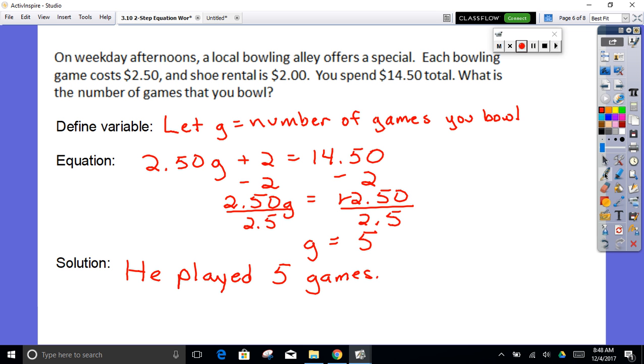If you had gotten a number like 50, and you didn't know that you were talking about the number of games you bowl, you might be like, okay, I got 50, and you're done. You have to think, okay, if I got 50, I'd say he played 50 games. Is it realistic to play 50 games in an afternoon? Probably not. So you want to be thinking about whether your answer makes sense for the rest of your problem.